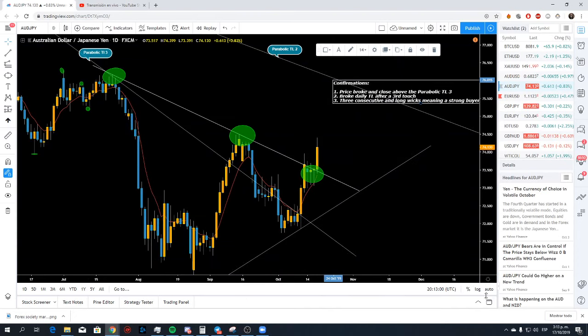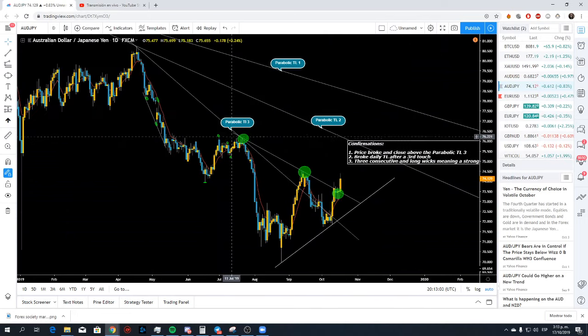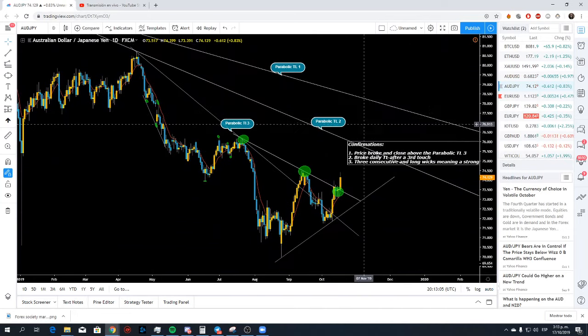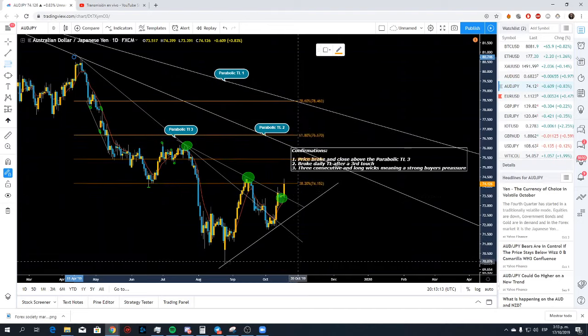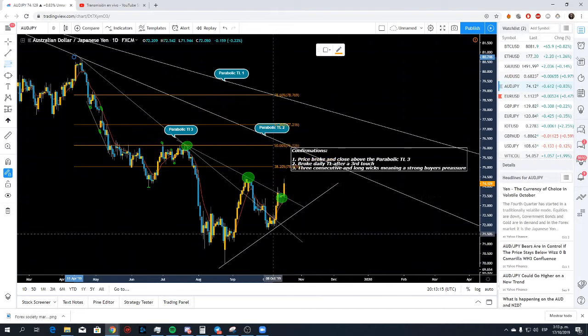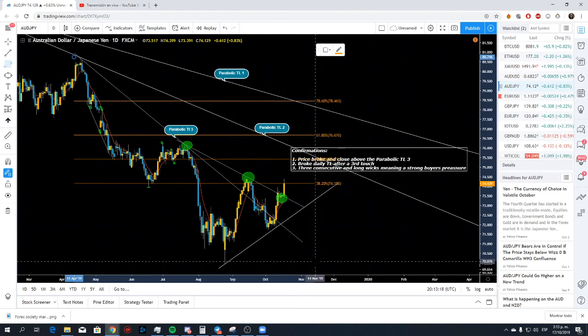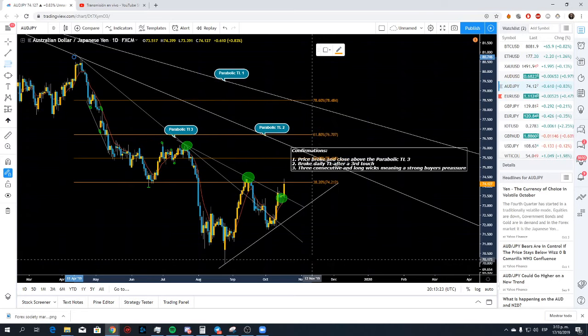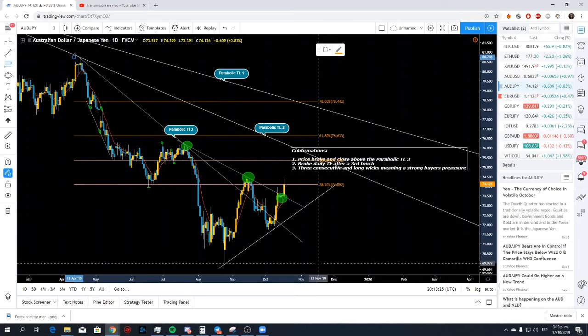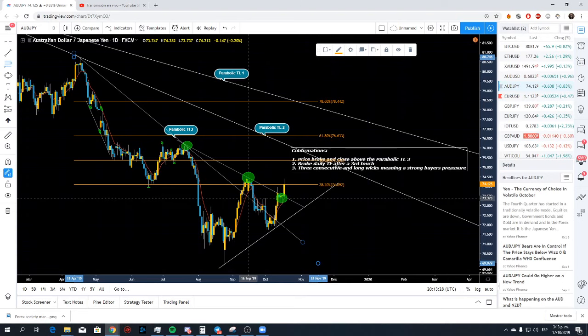So now we're gonna draw a Fibonacci level. I always draw more than one Fibonacci. I always try to take the highest high of that trend to the lowest point of that trend. We go from that swing high to the swing low, and we see what level is close to the current price.